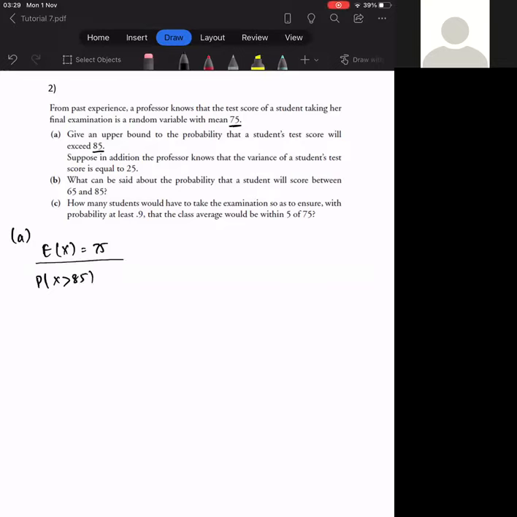We're only given the mean. We don't have any idea what the random variable is like, what the distribution is like. We just know its expected value. And Markov's inequality actually tells us that.